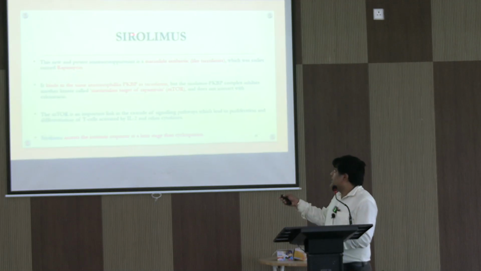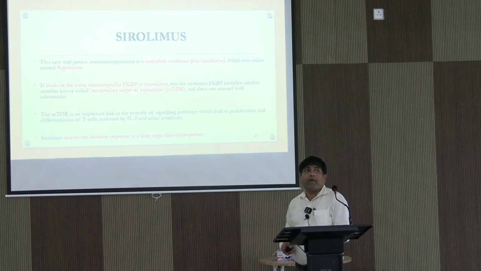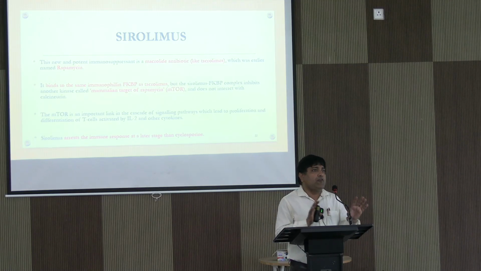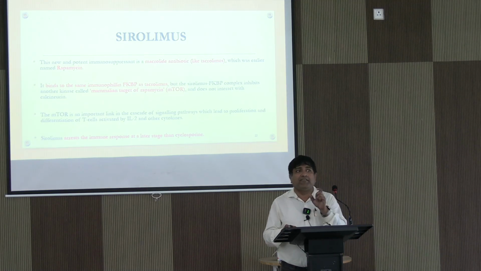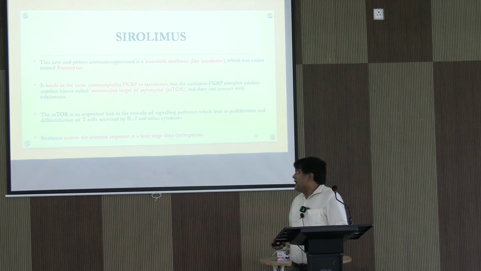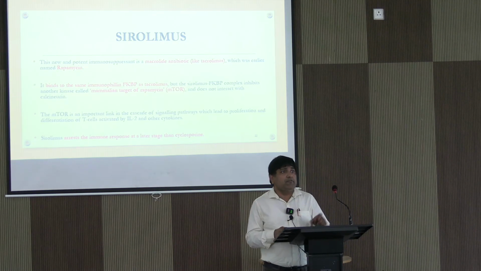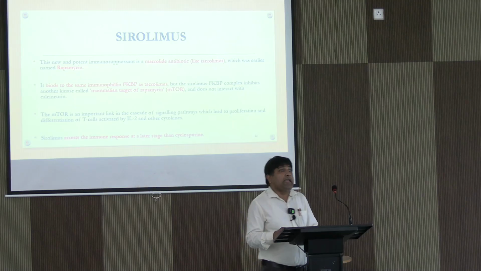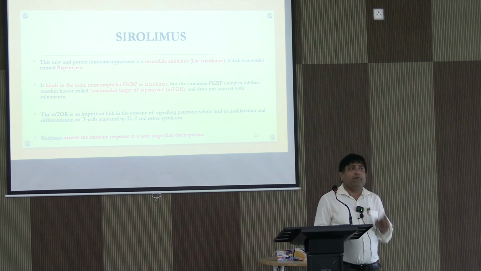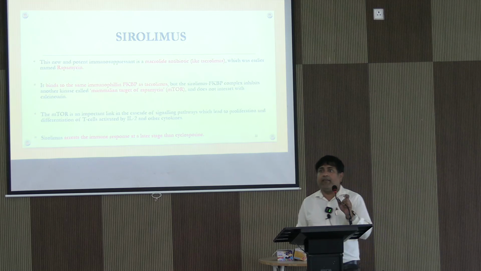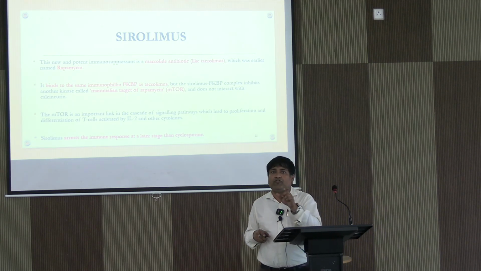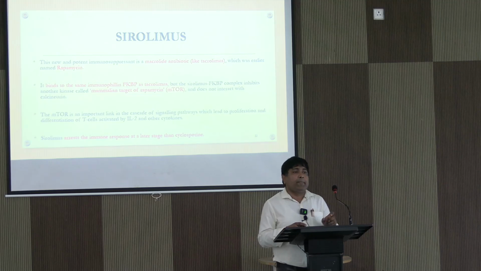Initially when it was developed, it was named rapamycin, but later it was seen that it has a potent immunosuppressant action and it was renamed sirolimus. Now, how does it act? Mechanism of action. Like tacrolimus, it binds to FKBP, that is FK506 binding protein, after entering the host cell, the CD4 plus T helper cell.